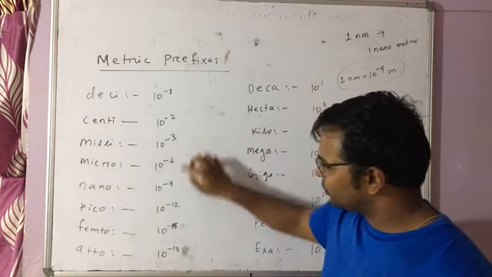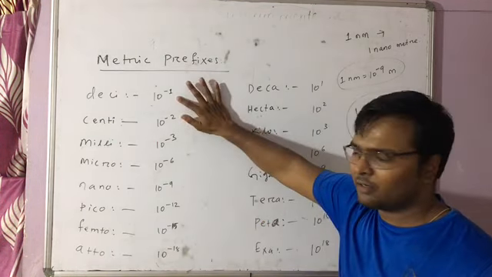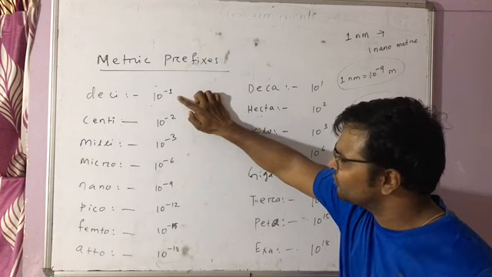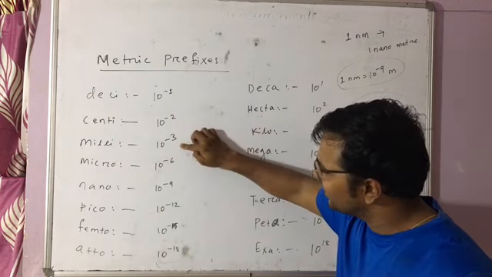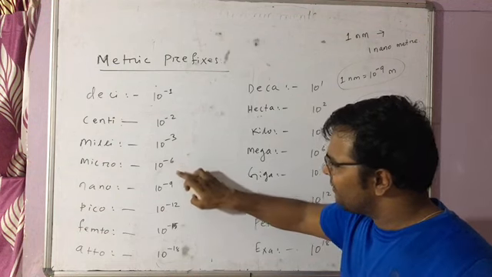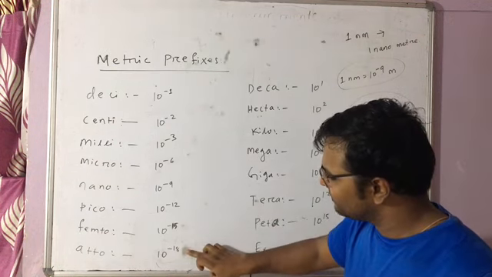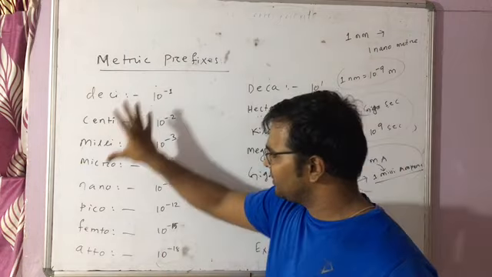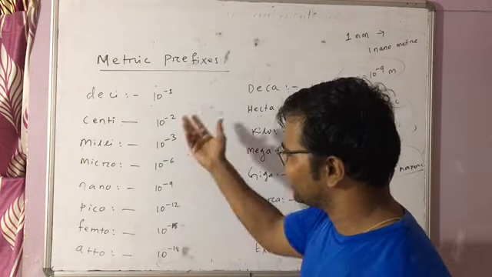To remember this, there's a technique actually. It's -1, so remember easily: -1, -2, -3, and after -3 comes -6. Then a difference of 3: -6, -9, -12, -15, -18, like that. So these prefixes are divided in such a way.